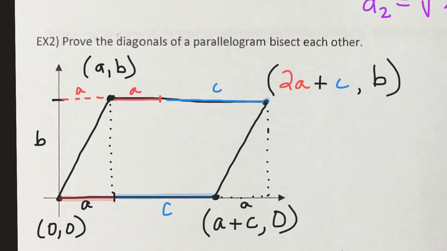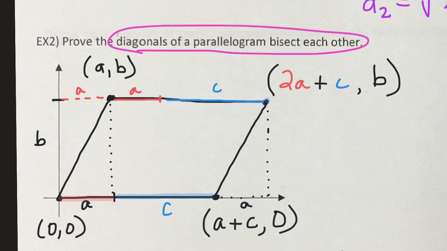So what are we asked to do? We are asked to show that the diagonals bisect each other. So let's draw in our diagonals. There's diagonal 1, our pink diagonal. And let's draw our other diagonal and make it purple. Basically we're trying to show that that point is a midpoint.